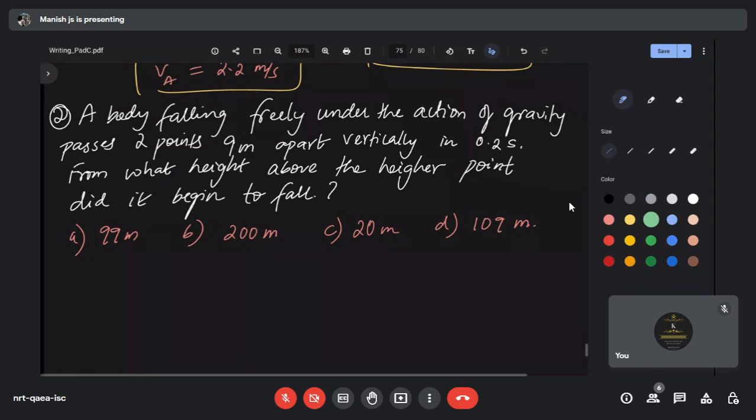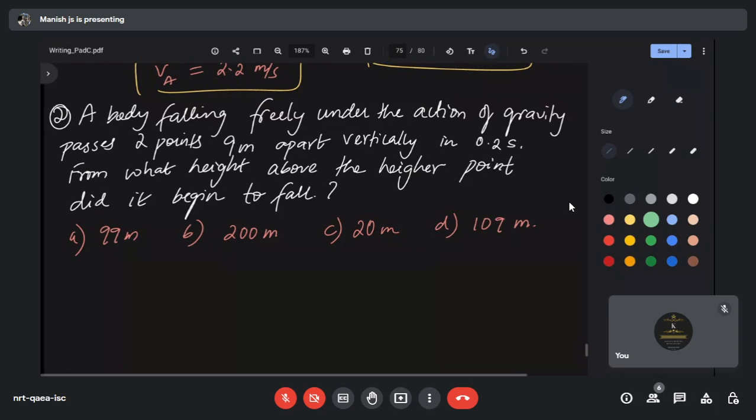So how will we approach this question? Three equations. H equal to half g t square. S equal to ut plus half at square, sir. Yes. So we are talking about the height, the vertical displacement.